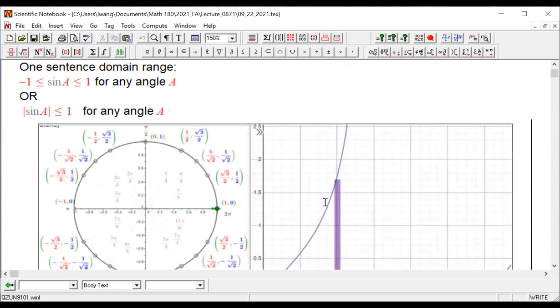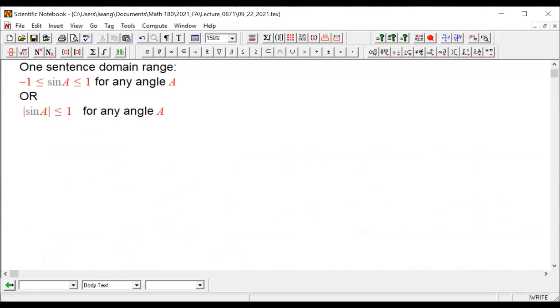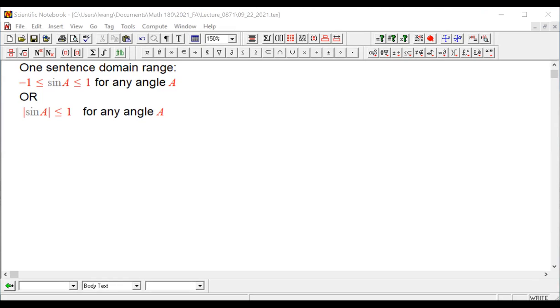Oh, wait. It's not what I wanted. That has too much. I just want the unit circle alone. Those are the other files I have created for you. There, I found it.